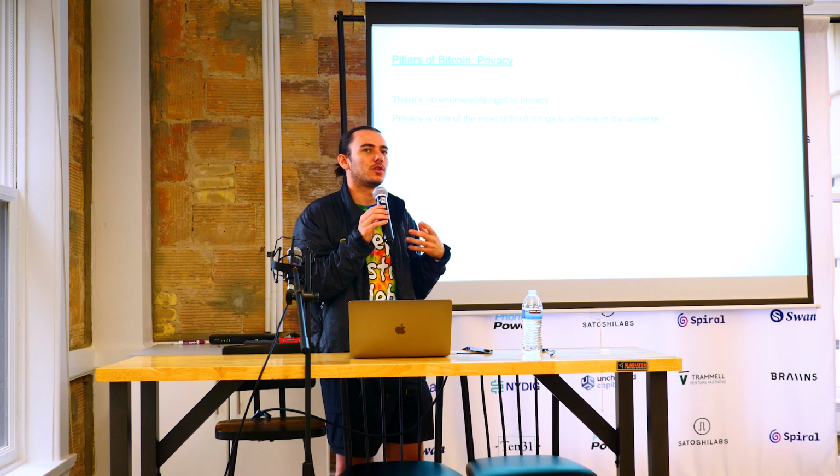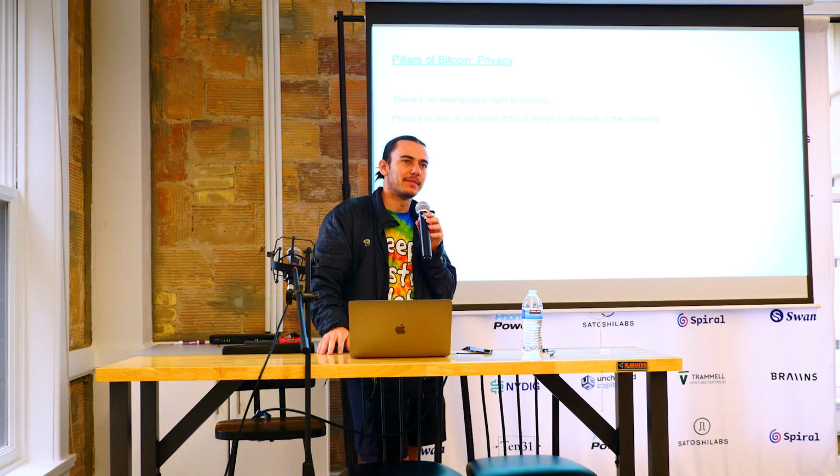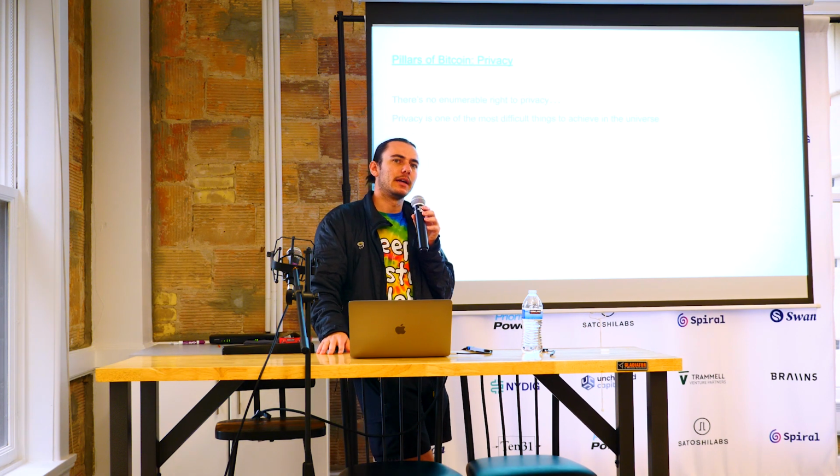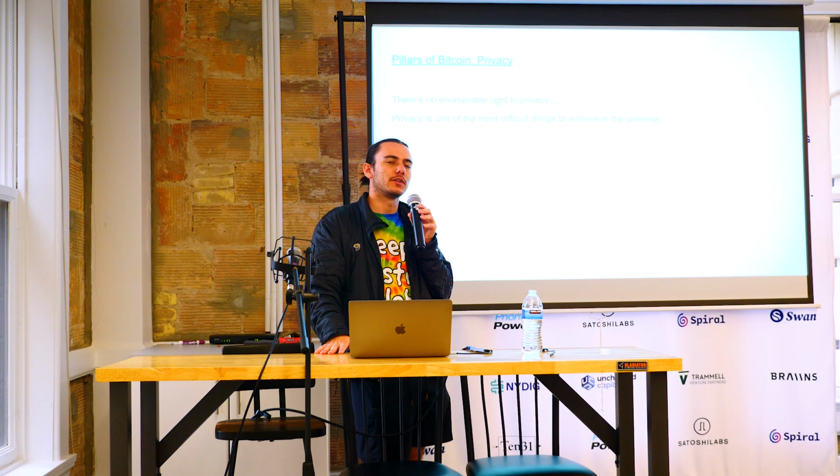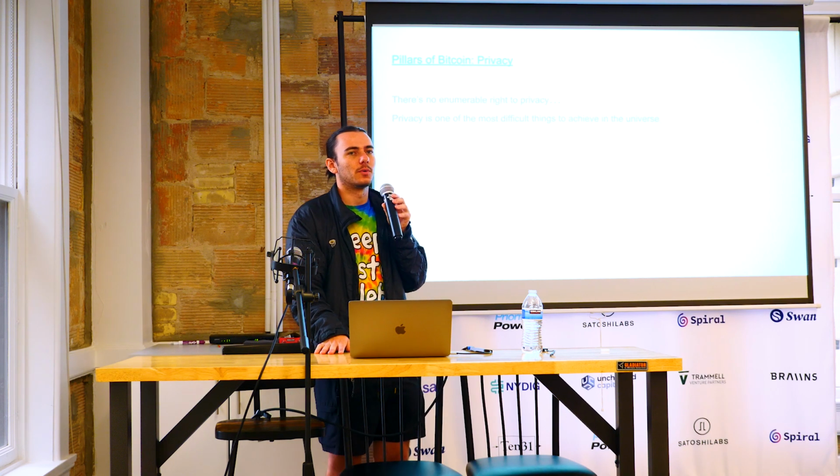So there are some issues around that, but generally privacy is an important thing for Bitcoin because you don't want to self-censor, and you don't want your personal decisions to lead to some negative consequence in the future. Everybody says, oh, I've got nothing to hide, so what am I worried about?